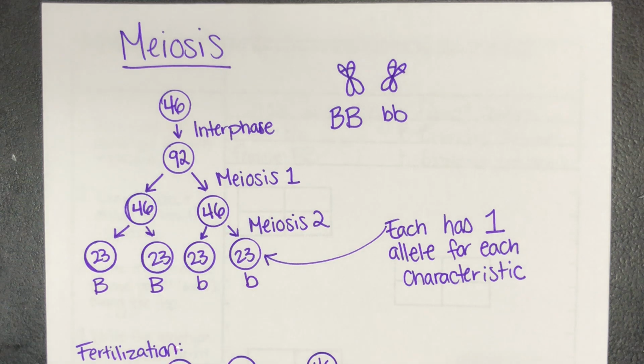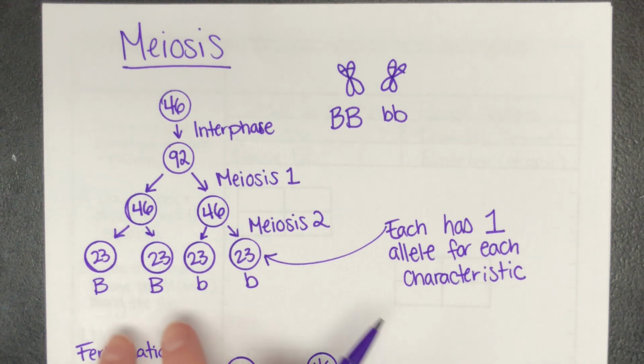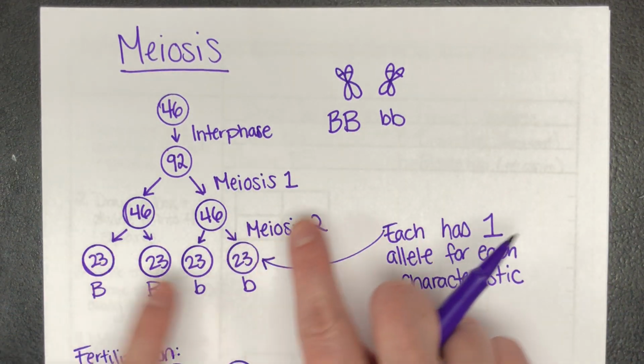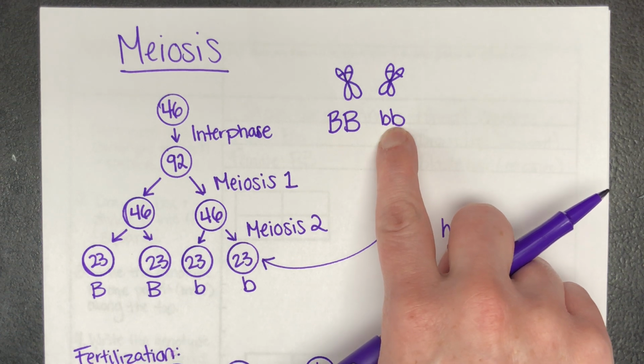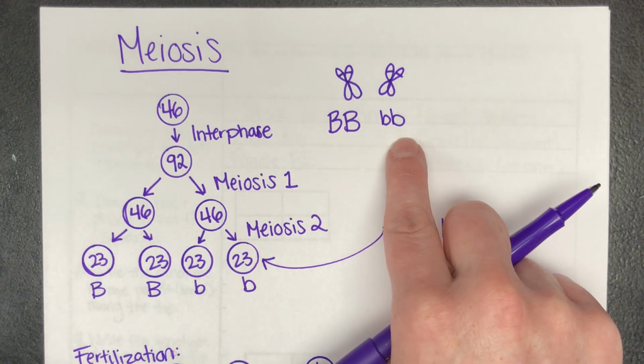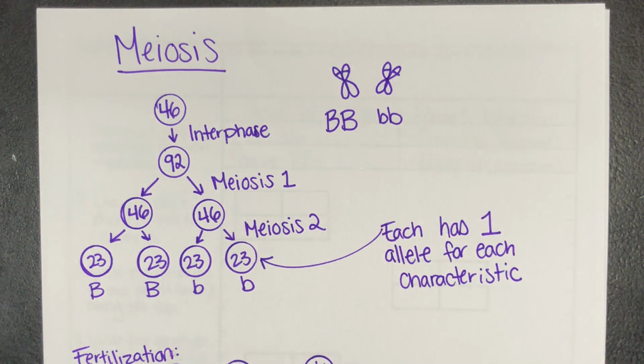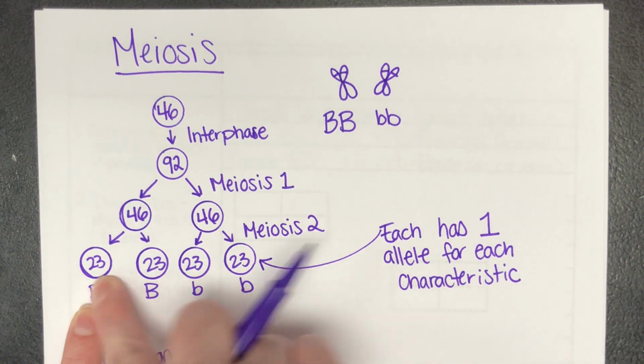Now this is where we get the combinations that we're looking for in Punnett Squares. Punnett Squares allow us to say, if mom had a big B and a little b to start with, and dad had, say, a big B and a little b to start with, what combinations are possible given this separation?